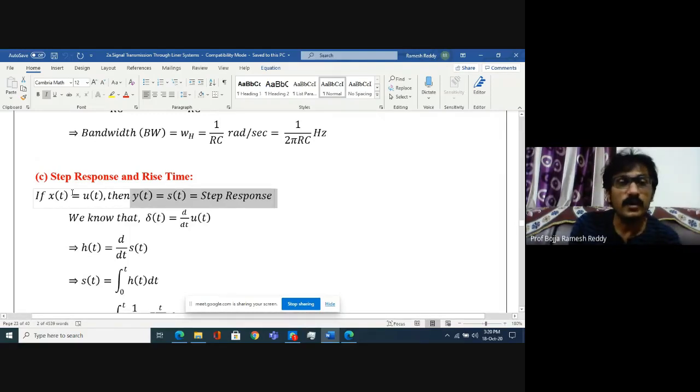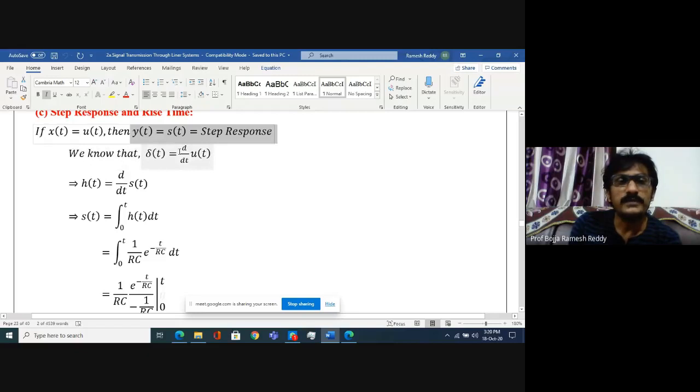Now we know impulse and step signals are related like this: differentiation of the step signal is equal to the impulse signal. That is, h of t is equal to d by dt of s of t.